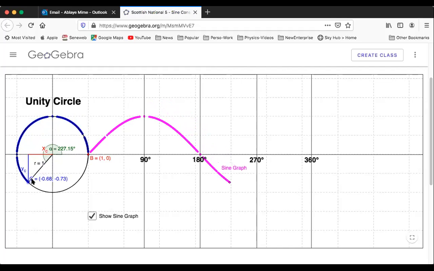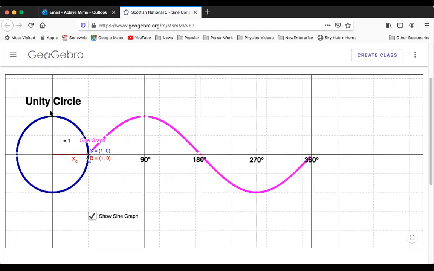So what you've seen now is us building what we call a sine wave, just using a circle and different angles. So that's where the sine wave is coming from. For each different angle, you've got a value of what we call the sine bar.